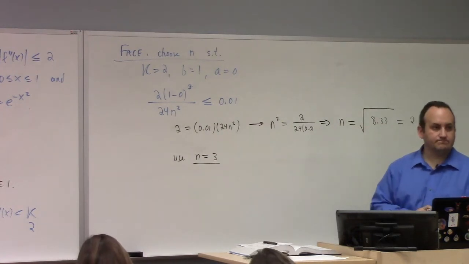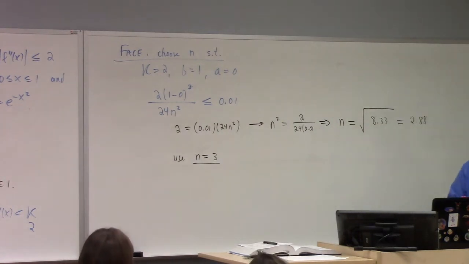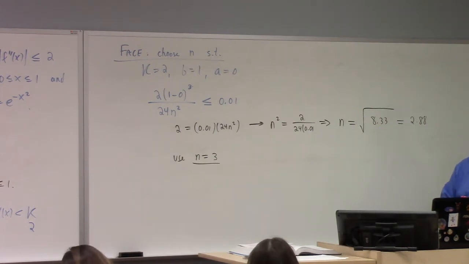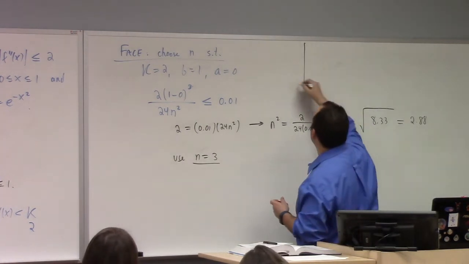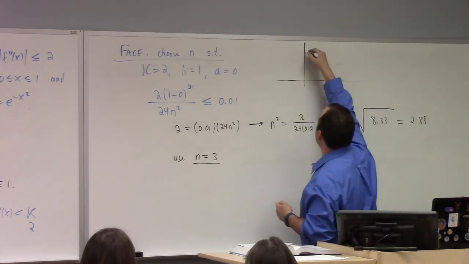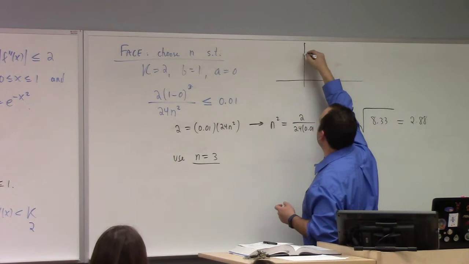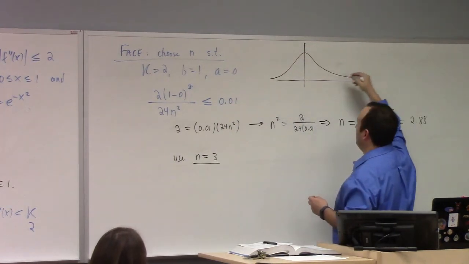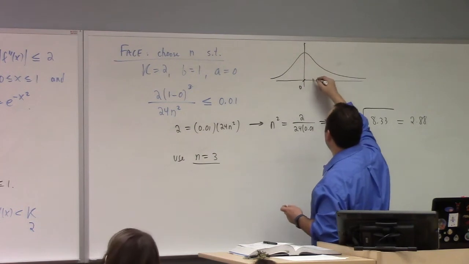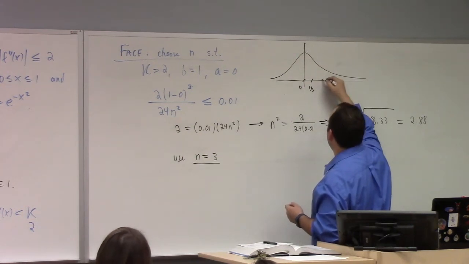Now, why is that? Because you can't use a decimal? Yeah, what would the 2.88 midpoint rule mean? Like, what's 2.88 steps? Now, so let me just draw a picture. So here's the function we're looking at, e to the minus x squared, is the bell curve. All right, so here's 0, here's 1/3, here's 2/3, here's 1.